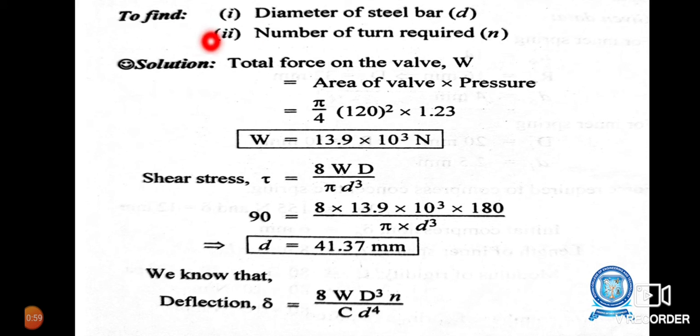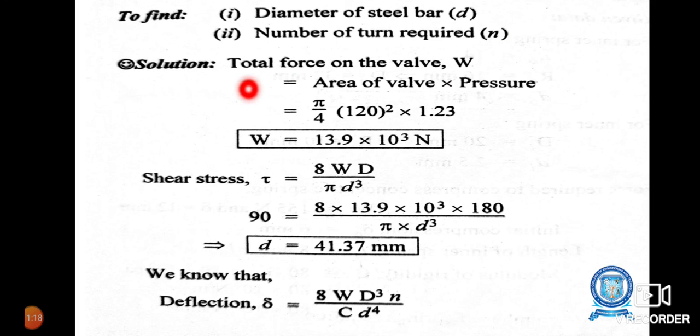To find: diameter of the steel bar, and number of turns required, small d and small n.